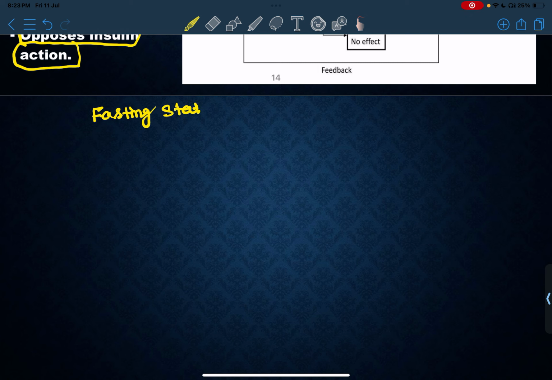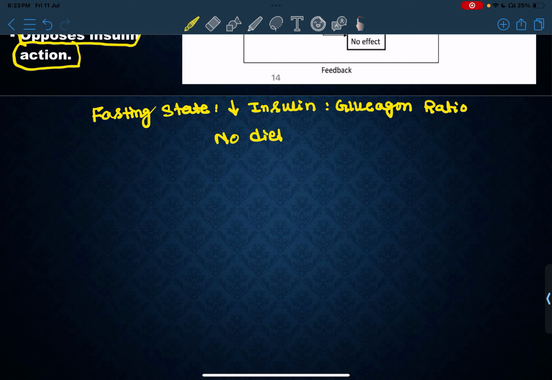In the fasting stage, the insulin glucagon ratio decreases. In the fasting stage there is no source of dietary glucose. So what will happen? Our alpha cells of the pancreas will release glucagon.